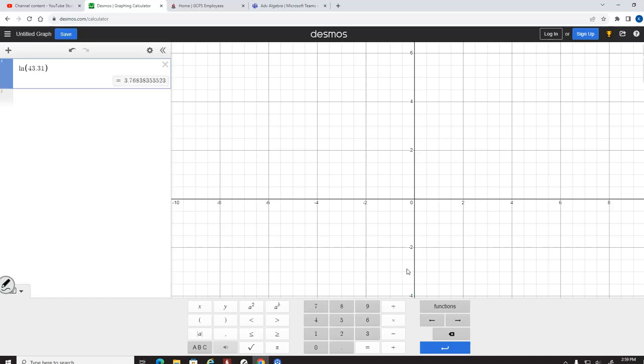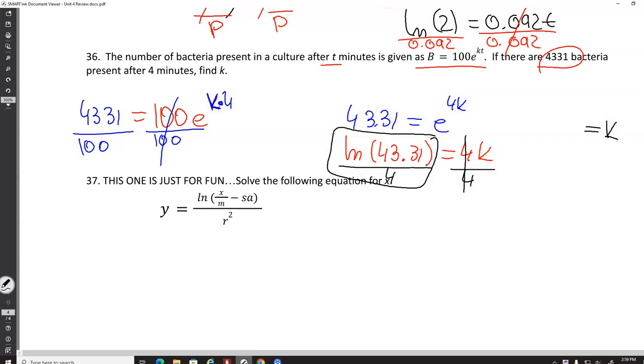Close the parenthesis. Make sure you're closing it because you're dividing the whole thing by 4, and you get 0.94, and that is your answer. And again, you can use a regular calculator as well to do that. Okay, so that's your rate. It's 94%. Okay, 0.94.